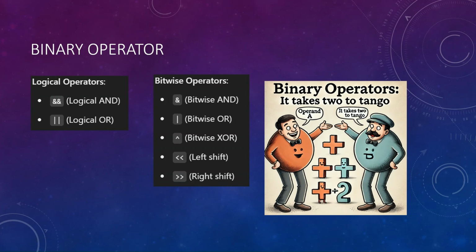For example, applying left shift to 6, which is 110 in binary, by one position results in 12, which is 1100 in binary. All these operators that I'm explaining in theory will be better understood when we practice them in the program session.